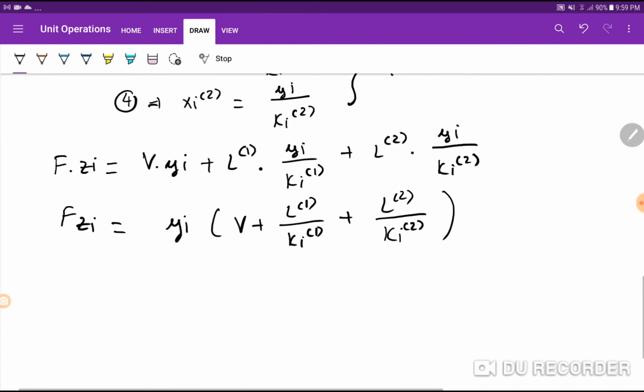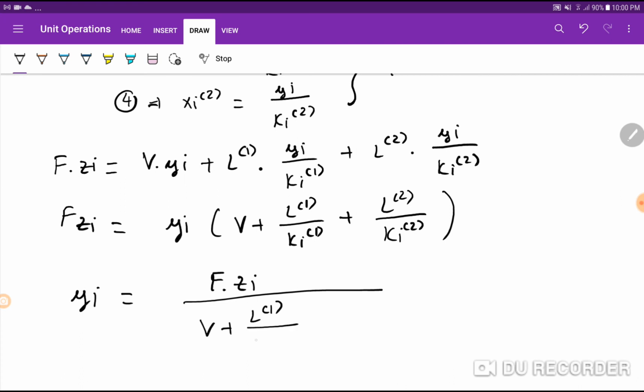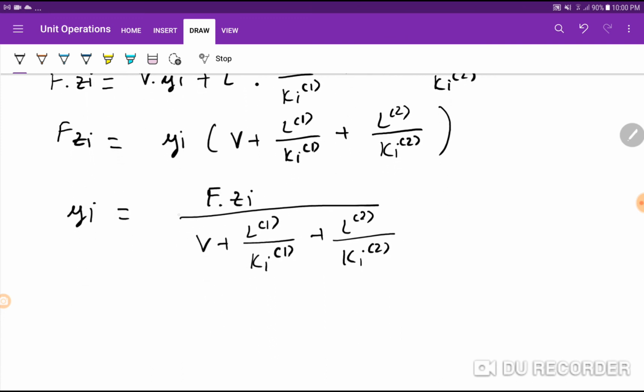So I'm gonna solve for yi. It would be equal to F times Zi over V plus L1 over Ki1 plus L2 over Ki2. Okay, we're not done yet.